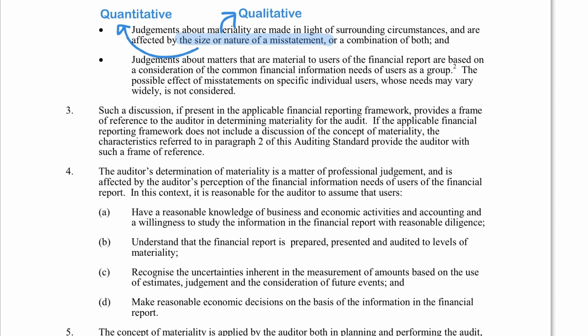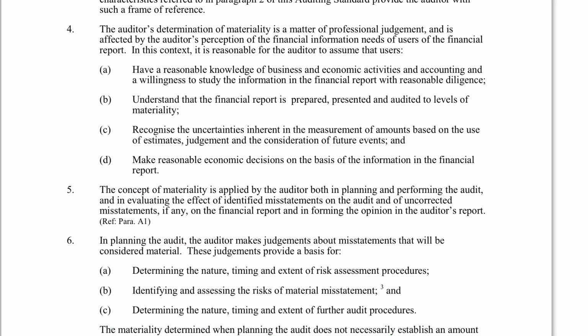If we scroll down a little bit here, we're going to get to some important definitions. The first one is that the determination of materiality is a matter for professional judgment. That means that there's no single right answer. It also says that to be able to do this, we need to understand our client.